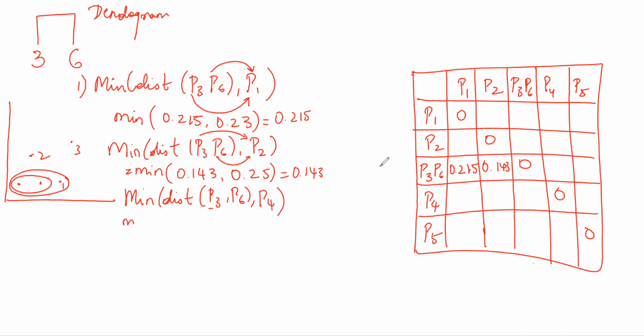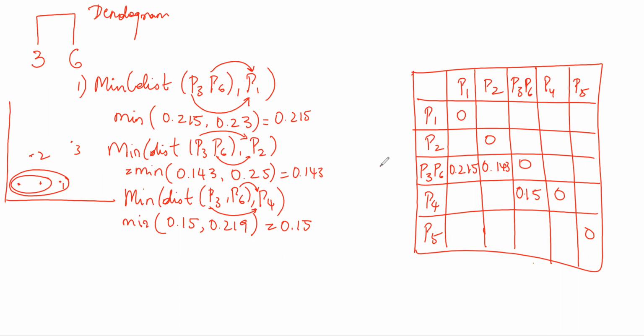So the minimum of P3 to P4, what is the distance? 0.15. And from P6 to P4? 0.219. The smaller is 0.15. So P3, P6 with P4 is 0.15.